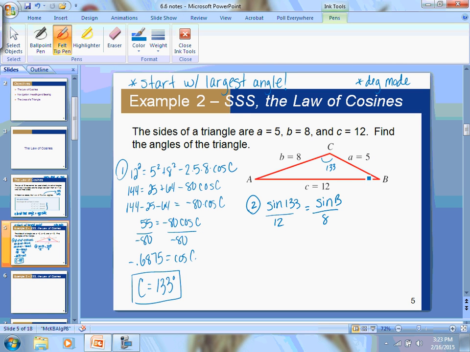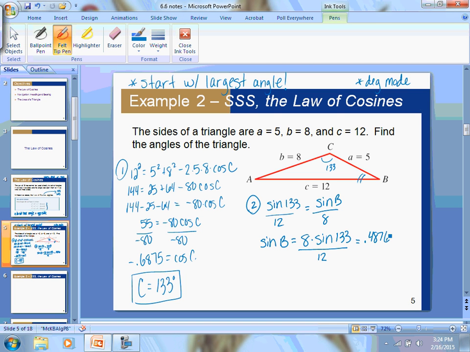So sine angle B is going to be my next biggest angle. So then I'll cross multiply and divide. So sine of B would be 8 times the sine of 133 divided by 12. And that's going to get me 0.4876.